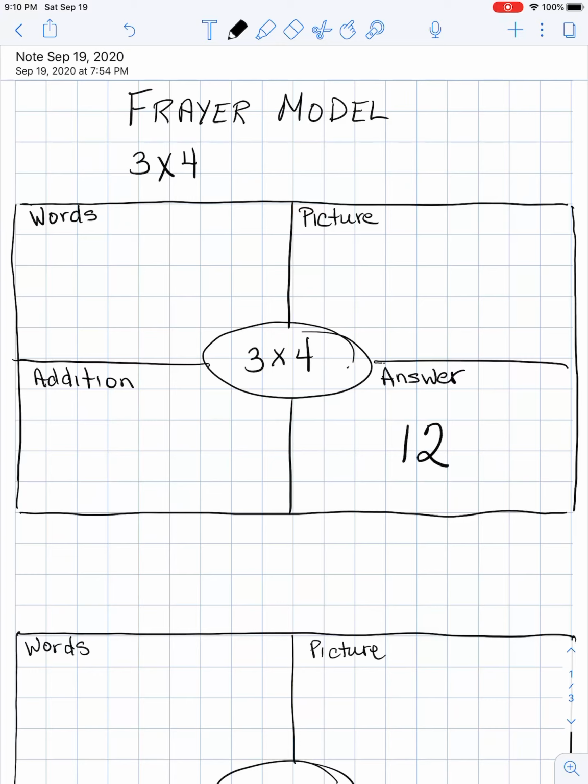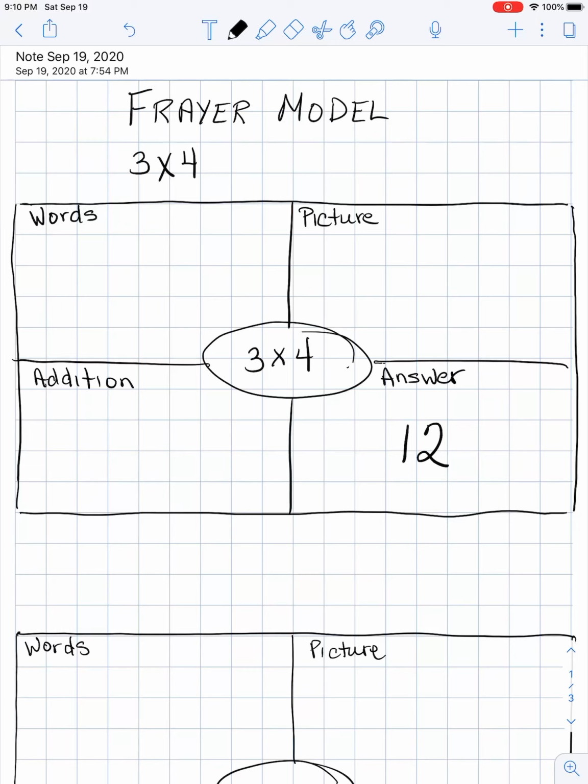Now, here's maybe a little twist on what you already know. We're going to look at 3 times 4 and how would we express that in words? Well, you're going to find that a word that's very important when we deal with multiplication and division, which are inverse operations, is groups.